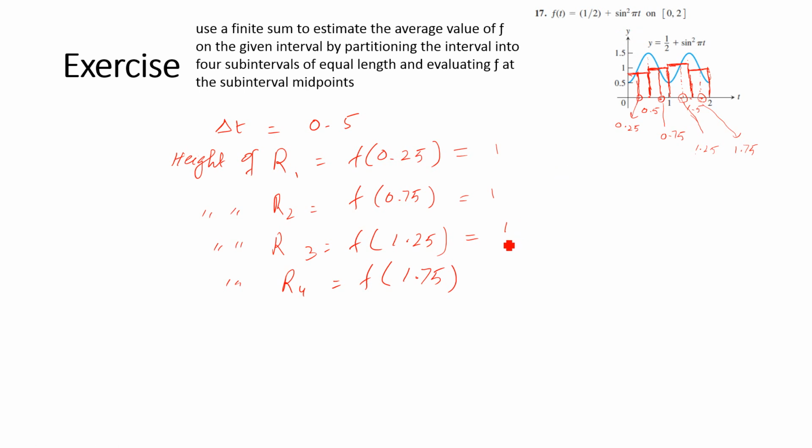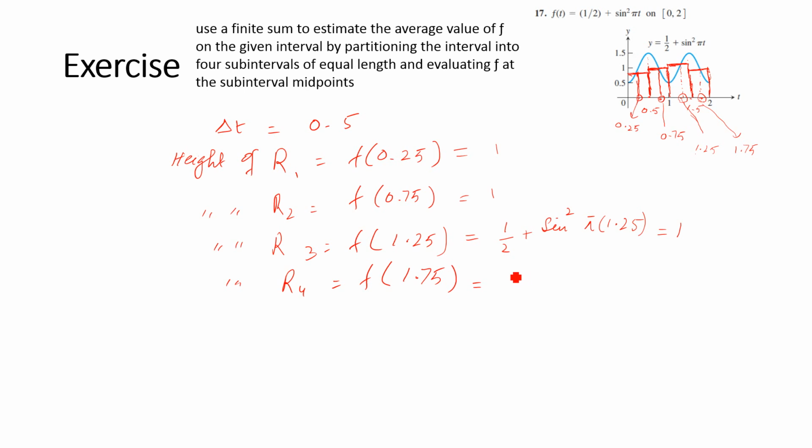So let me do one completely: 1 plus sine square of pi multiplied by 1/25, and the answer is again 1.